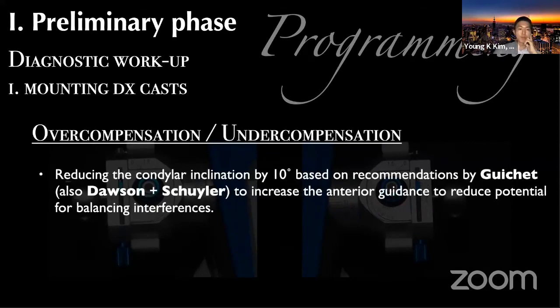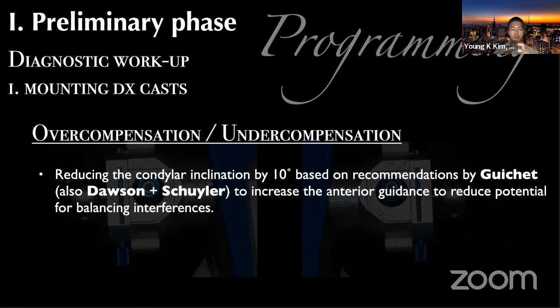And overcompensation and undercompensation is an important concept because Hobo and Gouchet came up with about 10 degrees of reduction in condylar inclination, so that the condylar inclination angle is underestimated, or measured less on the articulator than in the real patient.